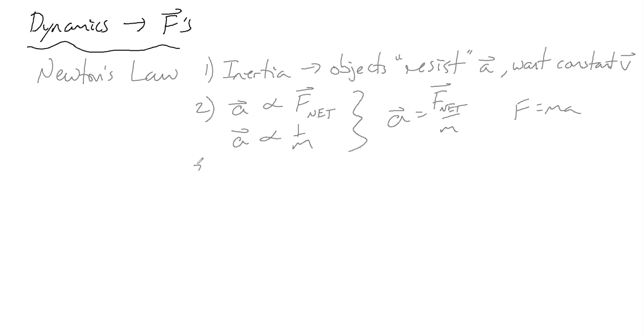And the third law: again, you'll often hear the action-reaction thing, but that's not quite right, because reactions don't occur at the same time as an action. They're not simultaneously occurring, and the forces do occur at the same time. So a better way to think of it is that forces always come in pairs.